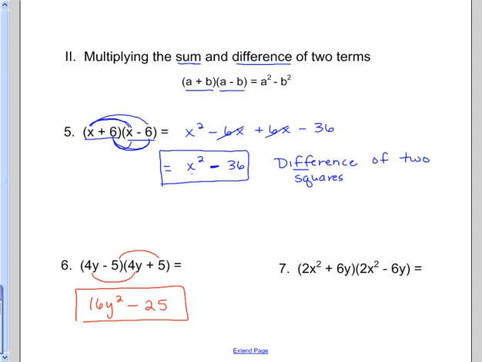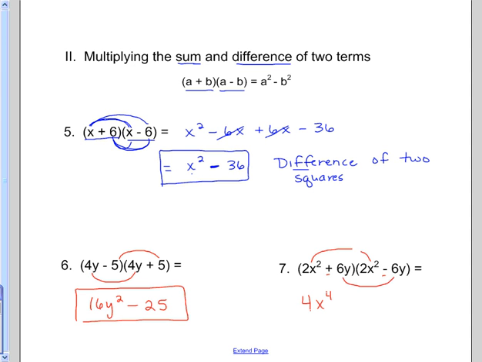Same thing on number 7. 2x squared plus 6y times 2x squared minus 6y. It doesn't matter whether the positive is first or if it's second, as long as they're different. That's what's important. So when I multiply the first, 2x squared times 2x squared will be 4x to the fourth.